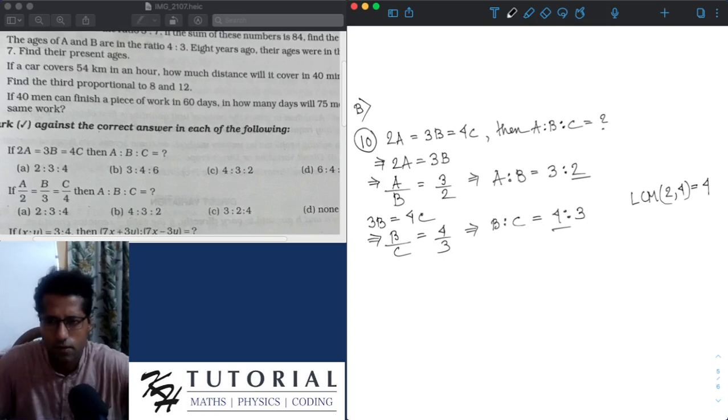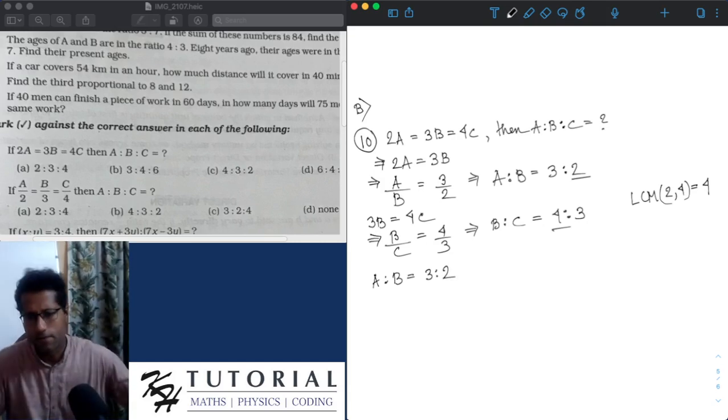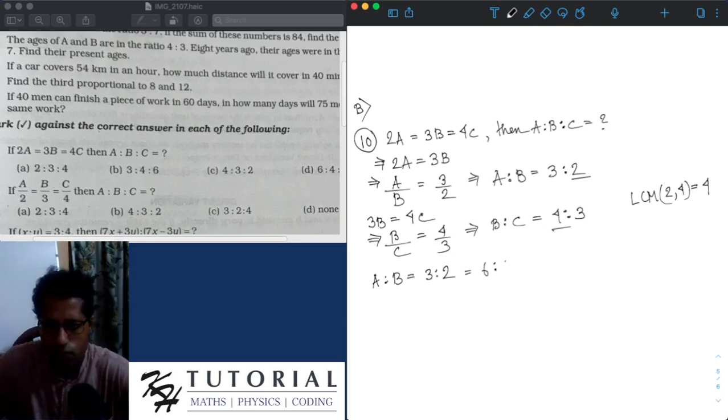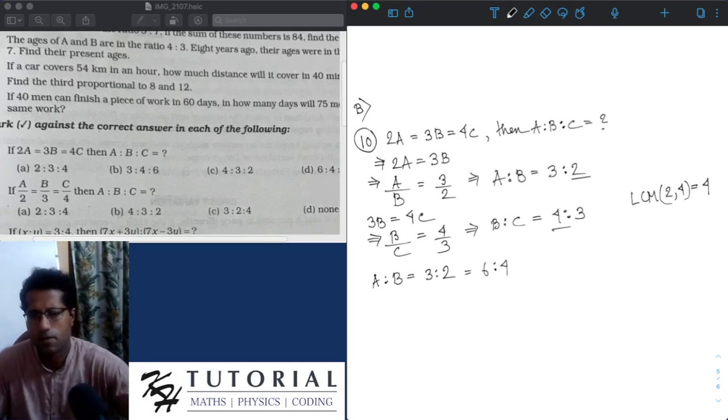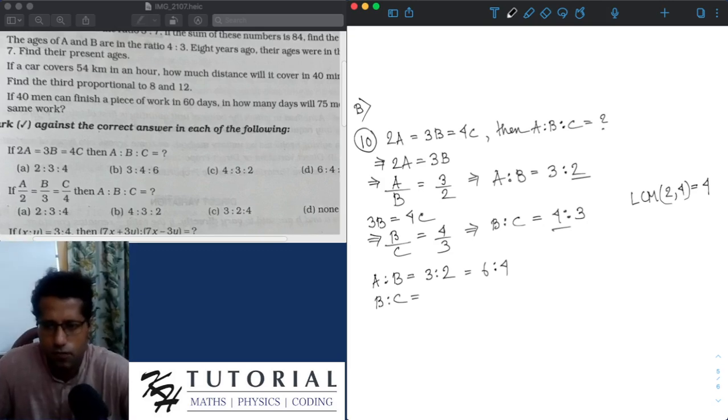So we have to convert the ratio A is to B so that the second term becomes 4, and we can do that by multiplying both the terms of the ratio by 2. So this is nothing but 6 is to 4. And B is to C, we won't do anything because the term B is already 4.